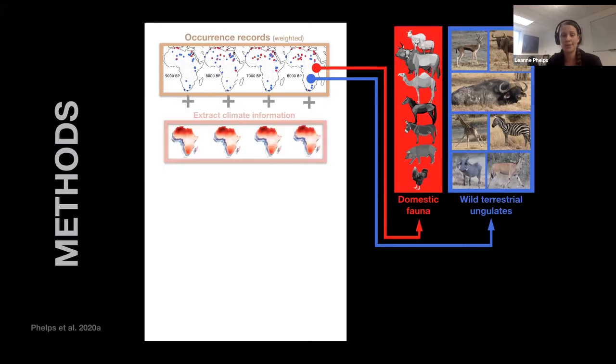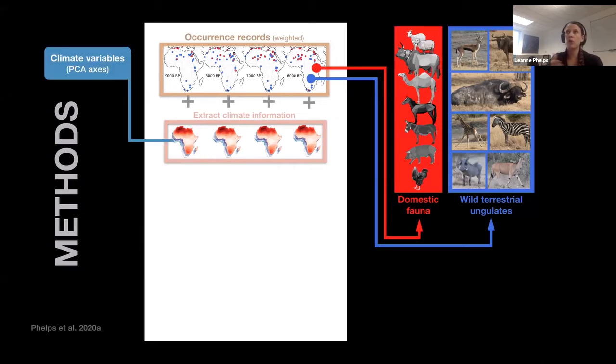We have to associate those occurrence records with climate information so that we can understand which climates people were using in the past and how that's changed through time. The kinds of climate information that I've used here comes from a modeled paleoclimate simulation called TraCE-21K. And we have multiple different climate variables that can explain the distribution of any species.